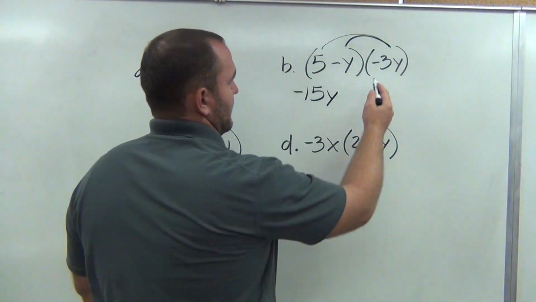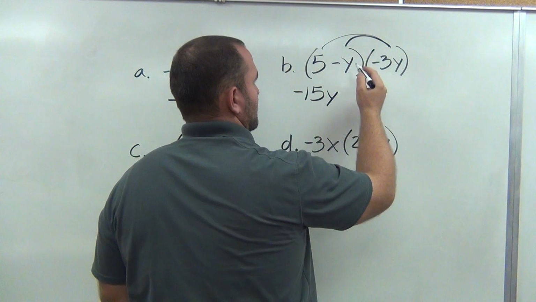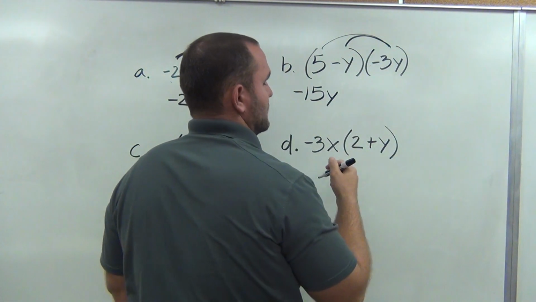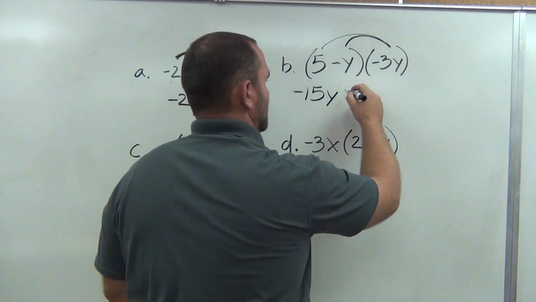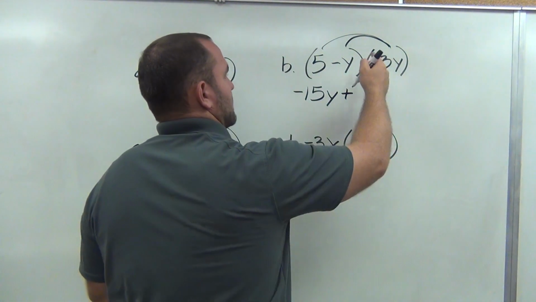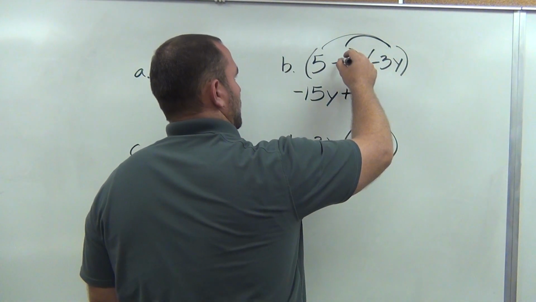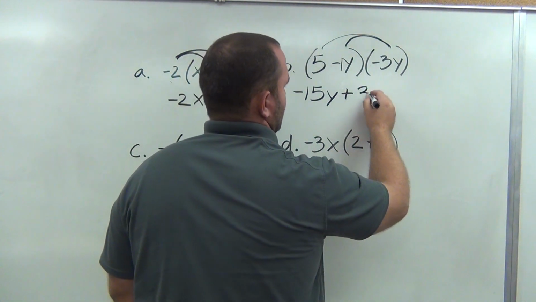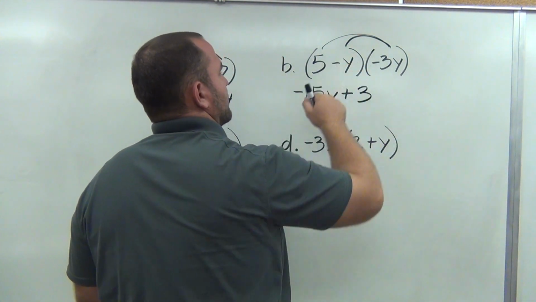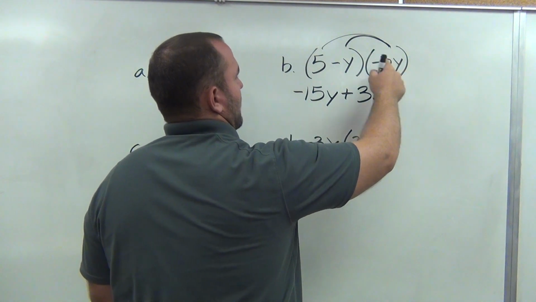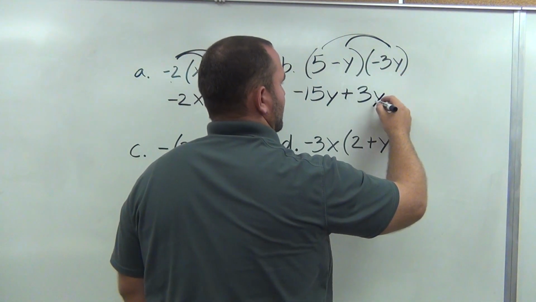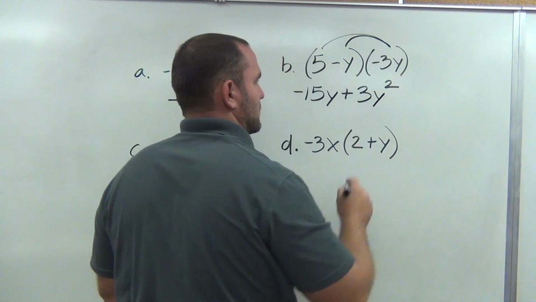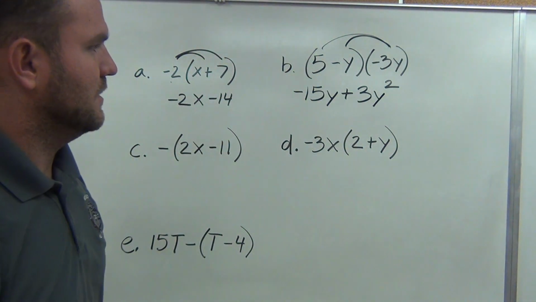So now we're going to go ahead and do this one. That's a negative times a negative, which should be a positive answer. So -3, there's a 1 here technically, and so it's 3. Now we have a y times y, so we understand that should be y squared, and there you go.